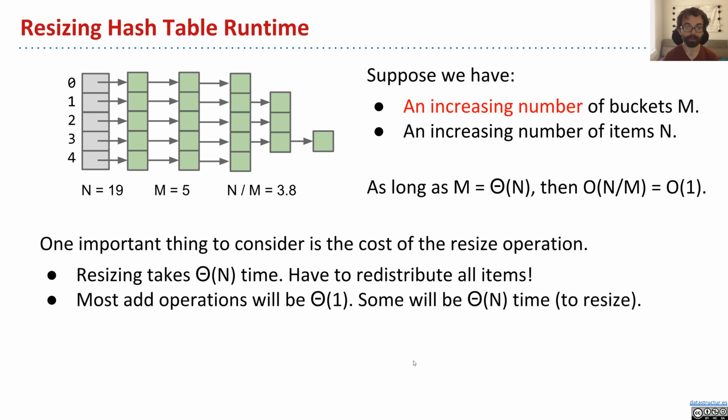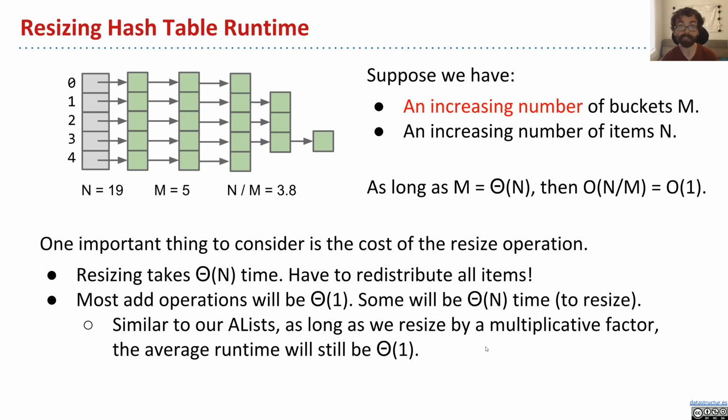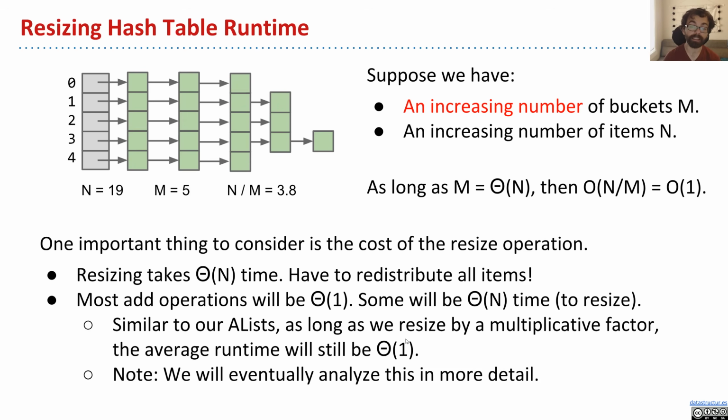Now most add operations are going to be theta 1, but some of them, the ones that involve resizing, will be theta n time. Similar to what we saw with our array lists, as long as we resize by a multiplicative factor, the average runtime overall will still be constant. We haven't done this analysis in detail yet, but it's the same basic idea we had with array lists.